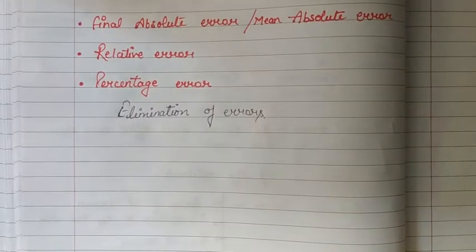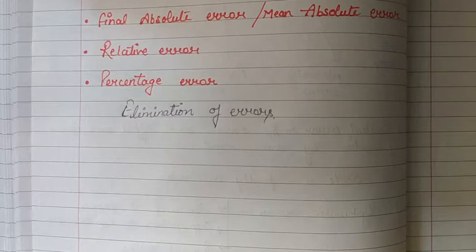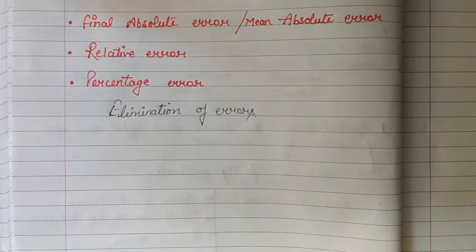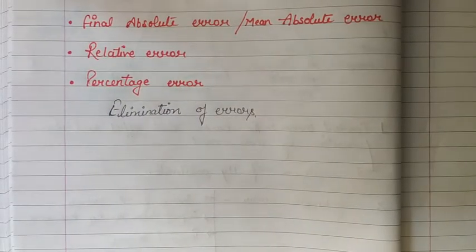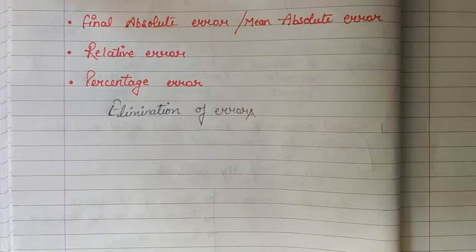So we can eliminate errors from our measurements by taking a number of readings. Like, we can't eliminate them as a whole, but we can minimize these errors by repeating measurements a large number of times.